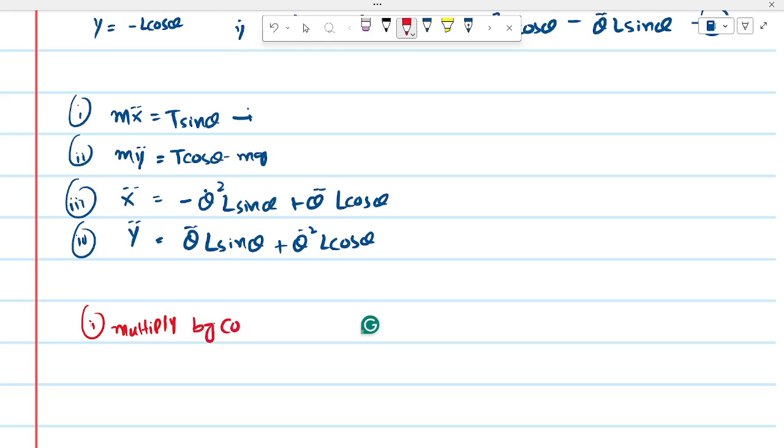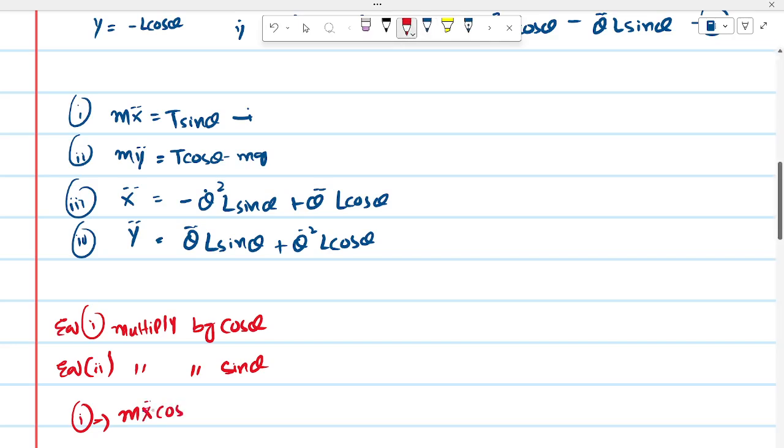So let's multiply equation 1 by cosine theta, and equation 2 by sine theta. So the new equation 1 will become m x double dot cosine theta equals minus T sine theta cosine theta.